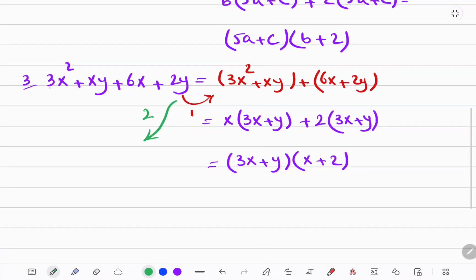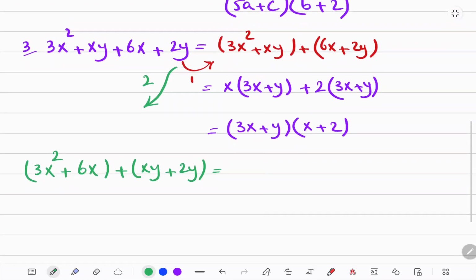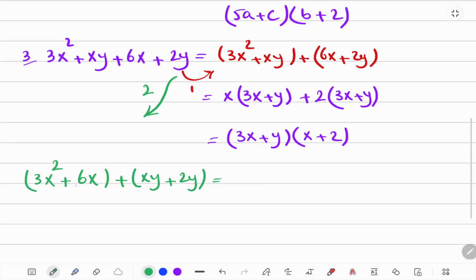Okay, so I'm gonna group 3x squared with 6x and xy with 2y. Okay, so in 3x squared plus 6x, the common factor is 3x.